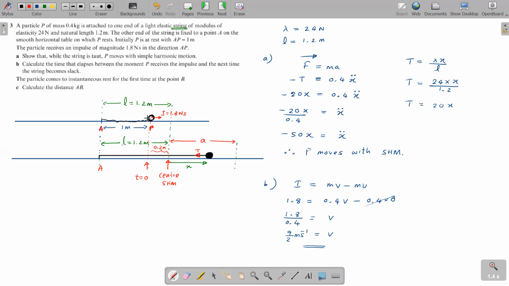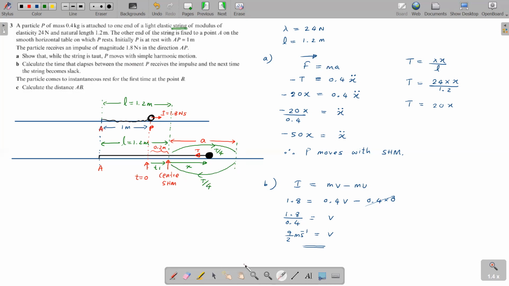From here to the amplitude, the time taken is a quarter of the periodic time. Then from the amplitude, you come back to the center, again a quarter of the periodic time. This is the place where the string becomes slack for the first time. So you just add the three times. Let the time taken to travel the 0.2 meters be T1. So it is T1 plus a quarter of the periodic time plus a quarter of the periodic time.